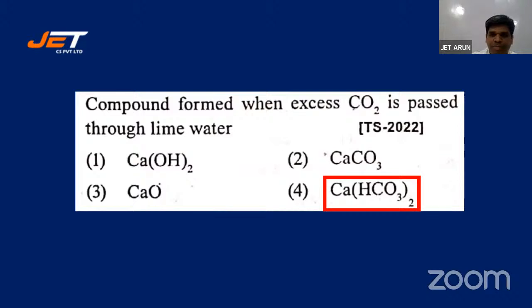You'll get calcium bicarbonate. See what happens is, first if you pass a limited amount, calcium carbonate is formed. If you pass excess, calcium bicarbonate is formed. First turbidity forms, and after that the milkiness goes away. All right. Yes, 4. Good. The ones who got it wrong, please correct yourself.